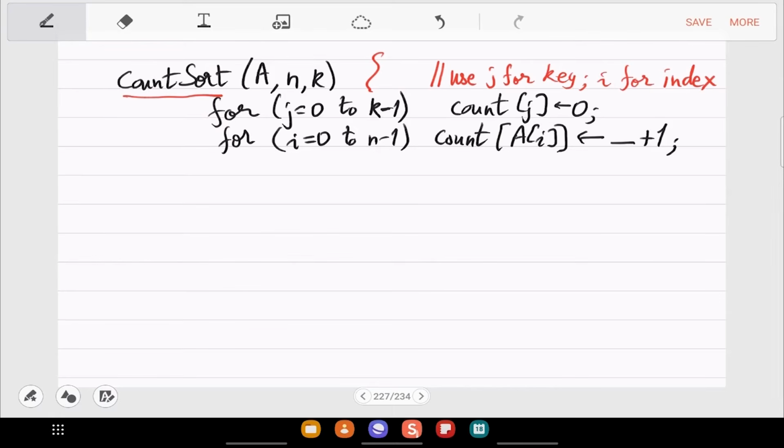And then comes the place array. So place 0 should be what? What was place 0? Yeah, so place 0 was just count 0. So do that, once count is correctly calculated.